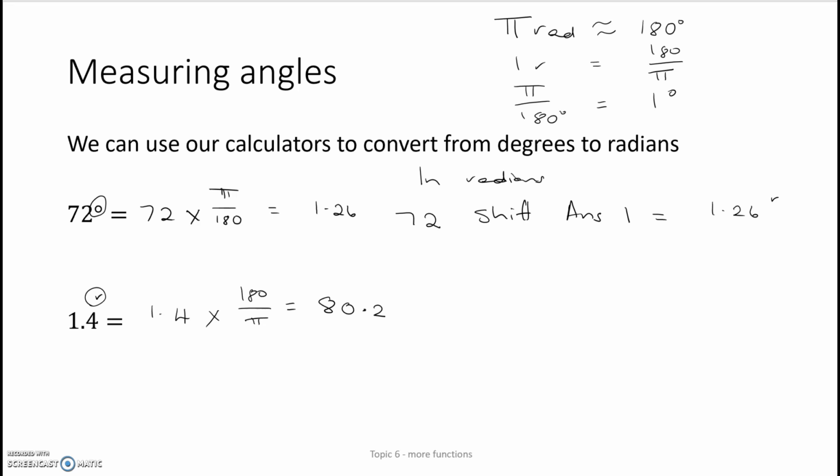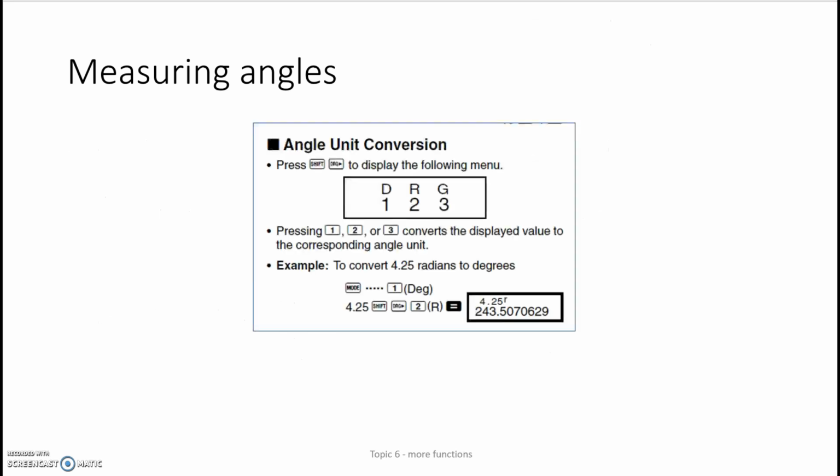Similarly, for changing something that is in radians into degrees, it would be 1.4. We'd have our calculator in degrees, because that's where we're going. So 1.4 shift answer 2, and we'd get 80.2 degrees as before. So there's just the things on your calculator. You need to have your calculator set to the mode that you're going to.